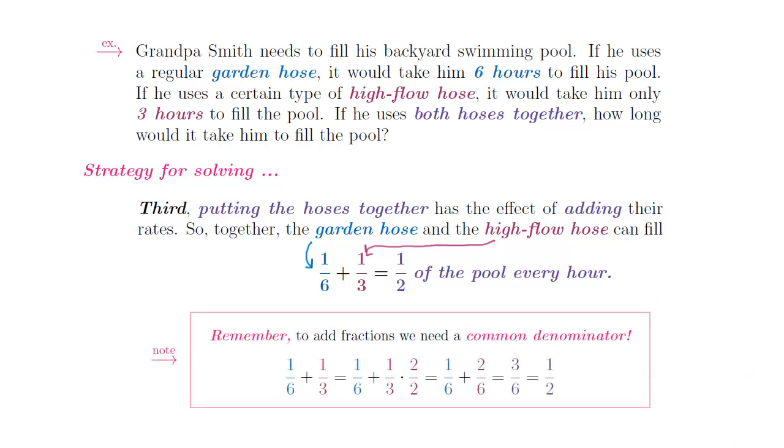For those of us that might not immediately see how 1/6 plus 1/3 equals 1/2, recall that when we add fractions, we need to have a common denominator. You just can't add straight across. So adding 1/6 plus 1/3 is the same thing as adding 1/6 plus 2/6, right? Like denominators. That gave us 3/6 or 1/2 of the pool.